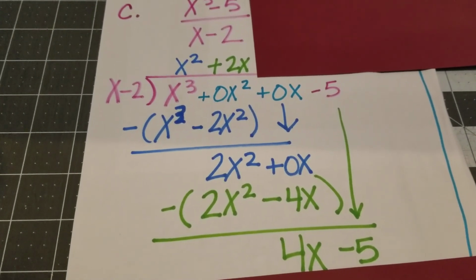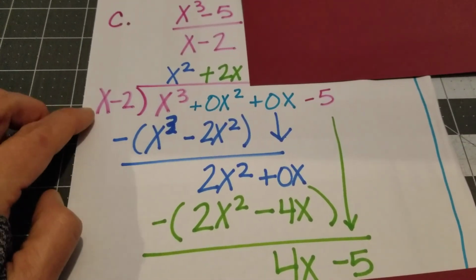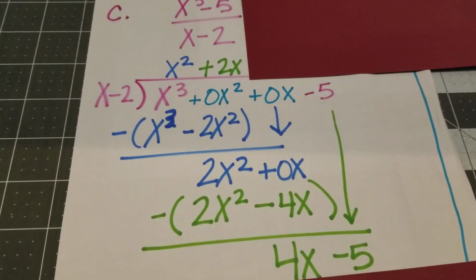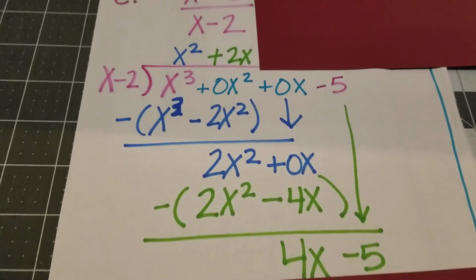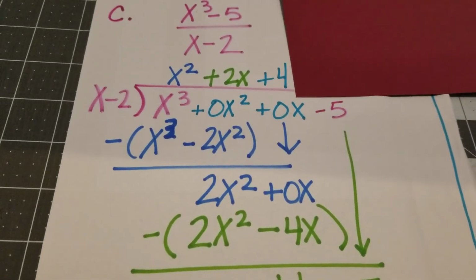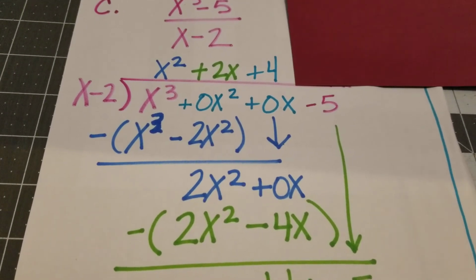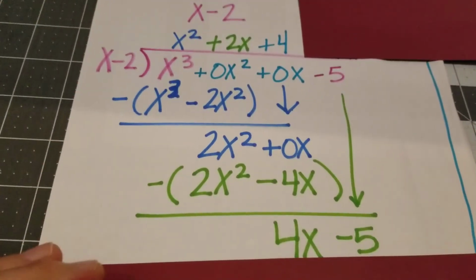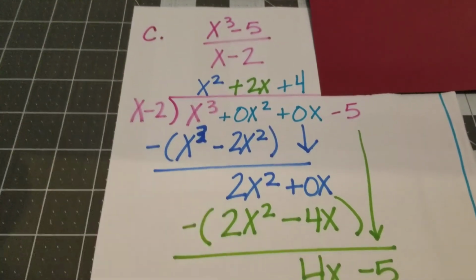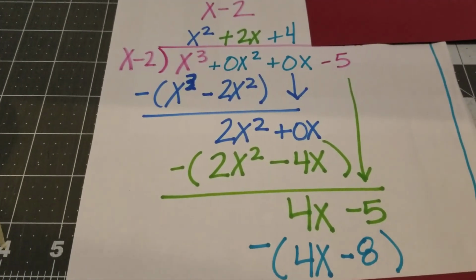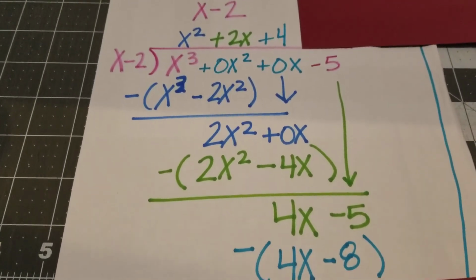Okay, bring it down. Next I say, how many times does x go into 4x? Or what times x gives me 4x? So I look, and you should be thinking about this, and it's 4, right? So now I'm going to distribute. I take my 4 times my x, and I get my 4x in blue here, okay?